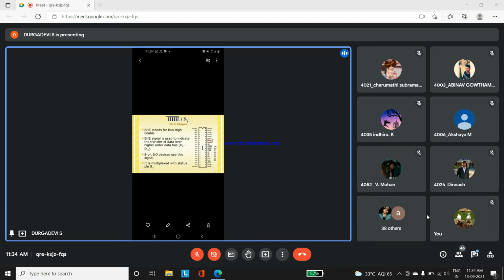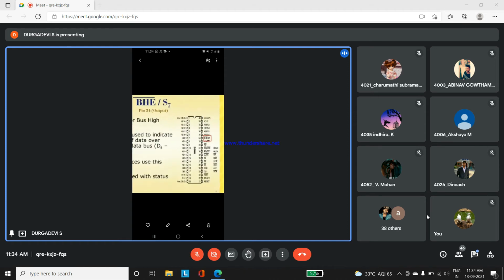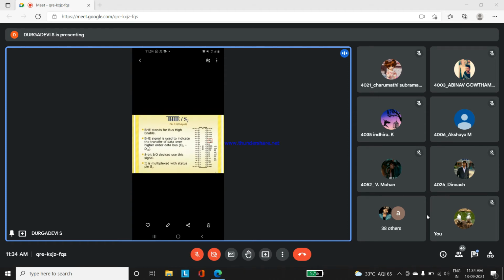I have put bar. Bar indicates it is active low. Pin number 34 is that signal. It's an output signal. That means from the processor, it is going outside. That means this pin has got this functionality when the value is 0. Because everything here is 0 and 1 only.